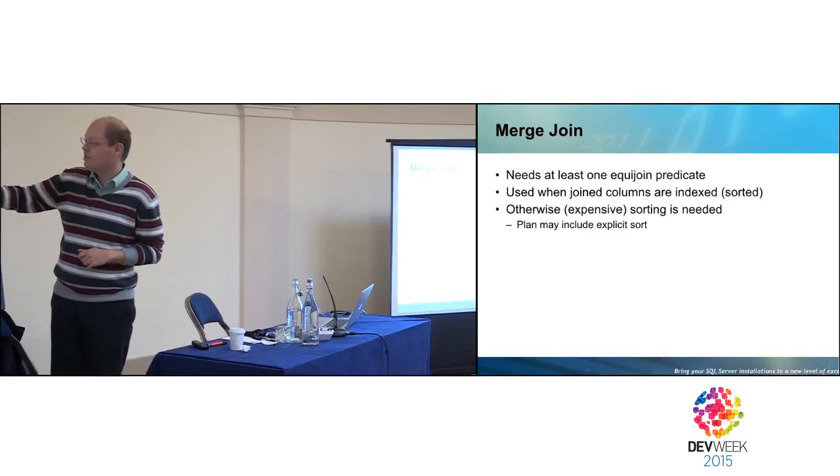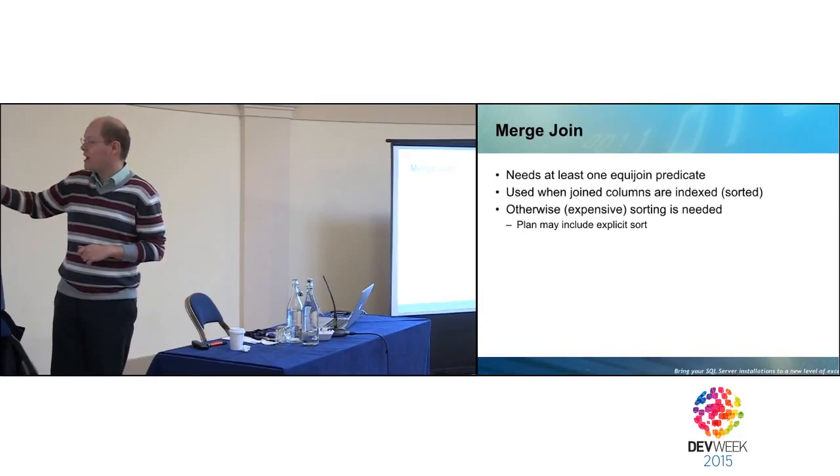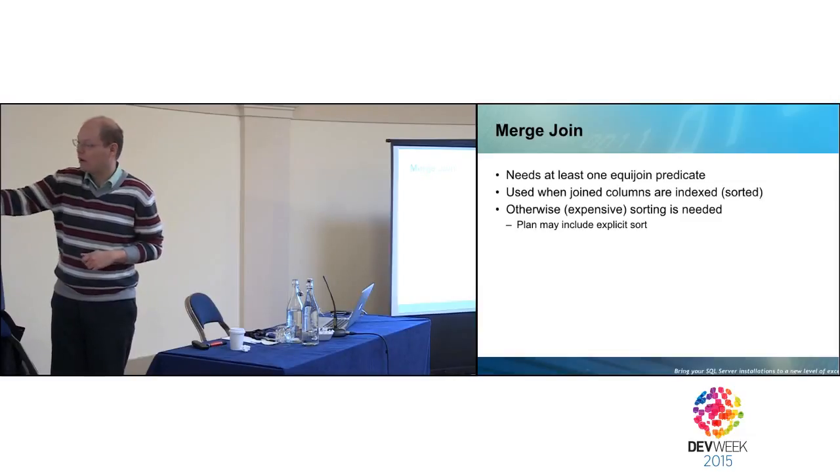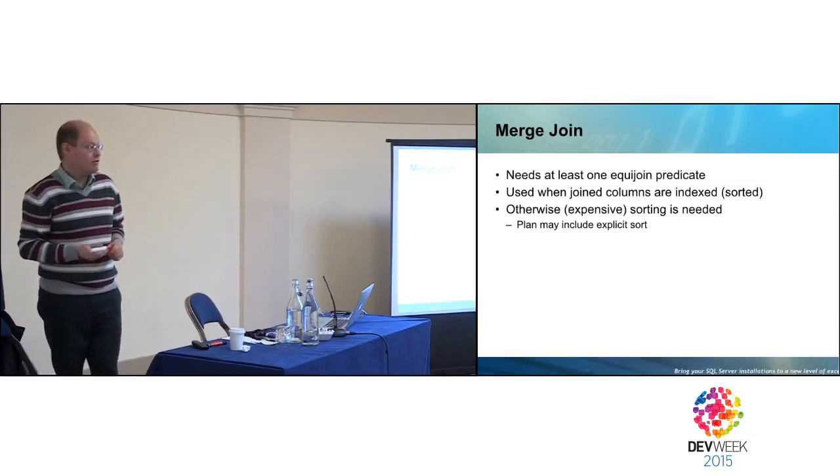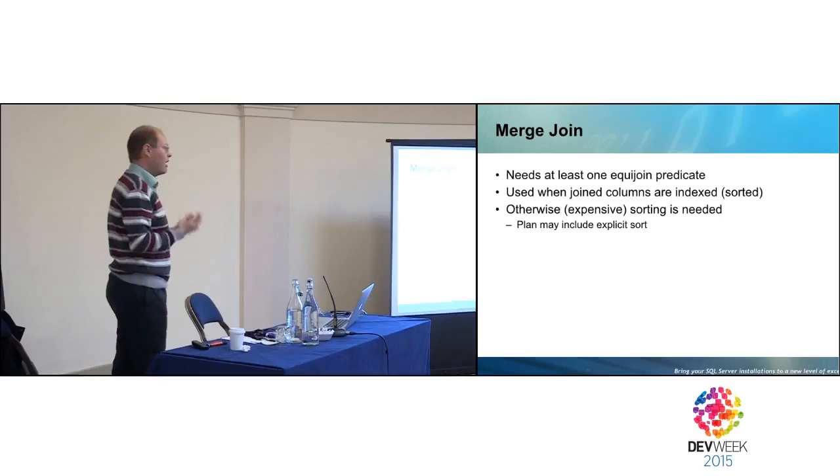So as you can see, a merge join is very, very efficient because you are just reading from every table just once and you can retrieve your result very, very fast.